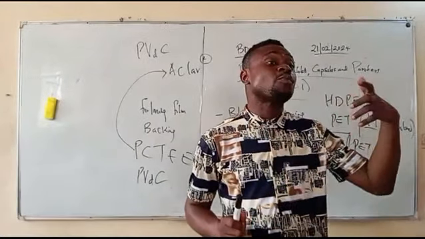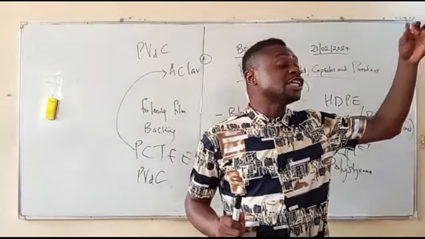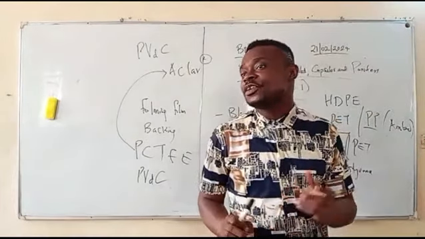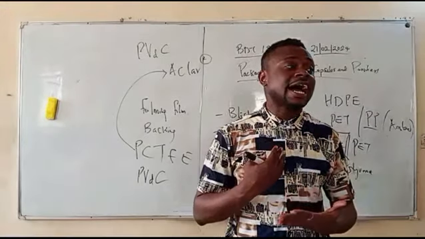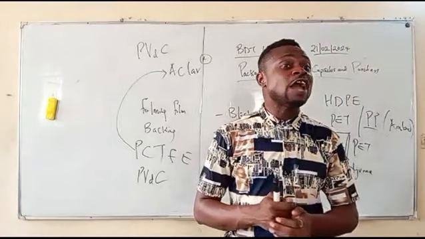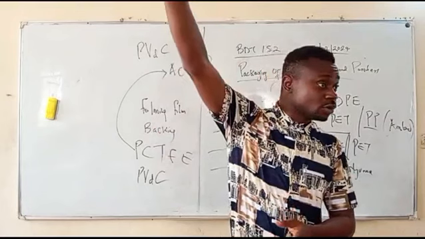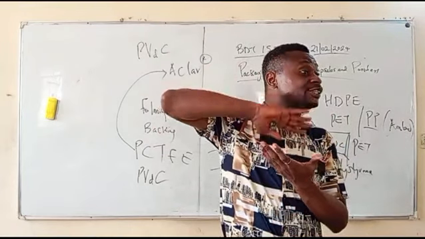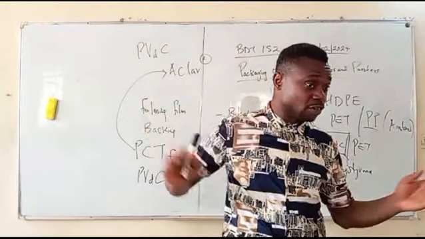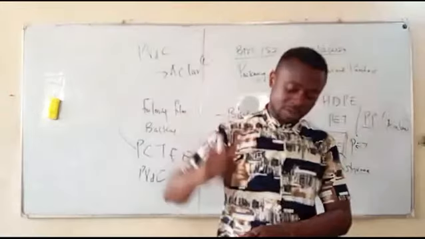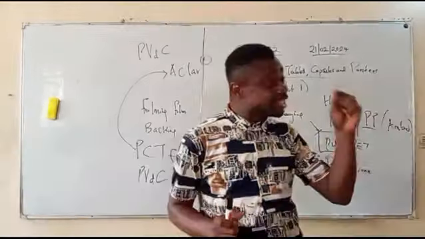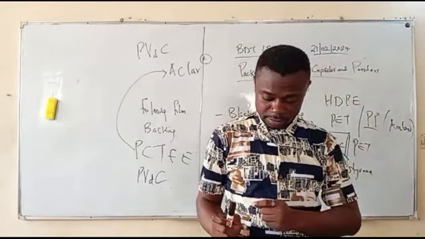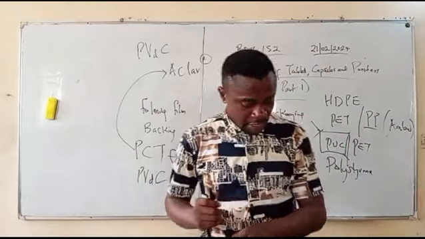Now, these are what make up the forming film. Now let's look at the backing. What do we use for backing? Materials used for backing: we have paper, then paper and aluminium combination, then you can have aluminium foil alone.